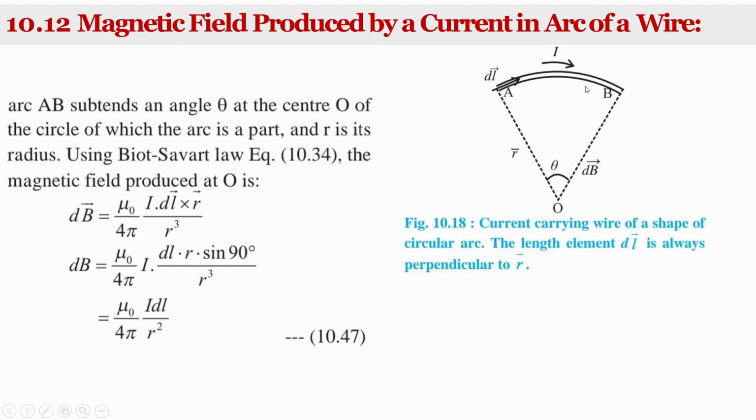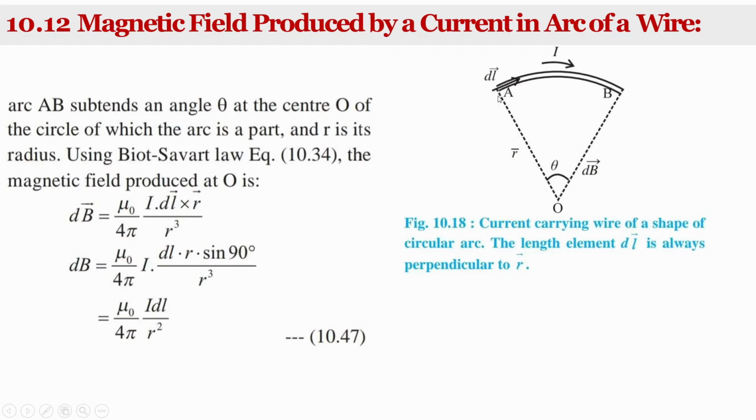The arc AB is divided into small elements, each of length dl. Due to this small element of length dl carrying current I, we take the magnetic field at point O.